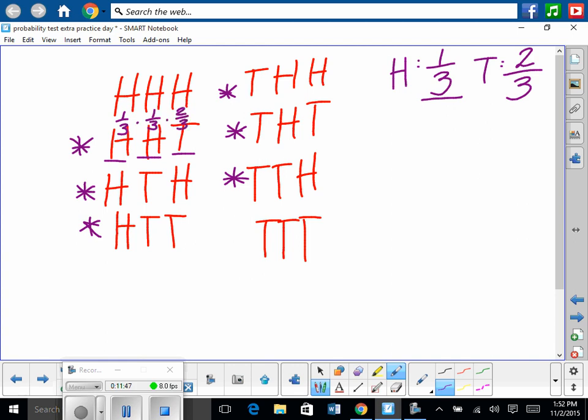Wouldn't the same thing be here? Yeah. 1/3 times 2/3 times 1/3. We would do the same idea here: 1/3 times 2/3 times 2/3. And then right here, it's the same thing as 2 heads and a tails, right? Yeah. So now I'm just going to find all of those individually. So if you do this, you're going to get 7.4.